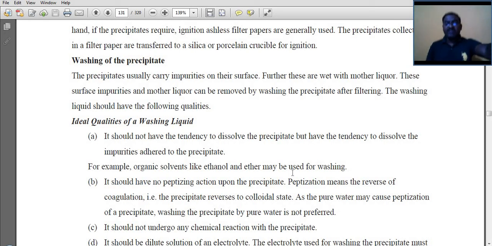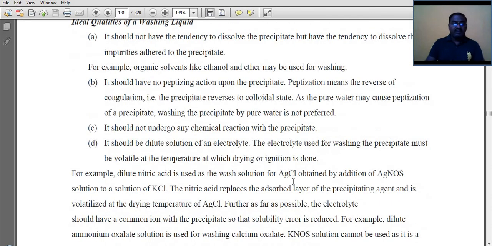Organic solvents like ethanol and ether may be used for washing. It should have no peptizing action upon the precipitate. It should not undergo any chemical reaction with the precipitate.